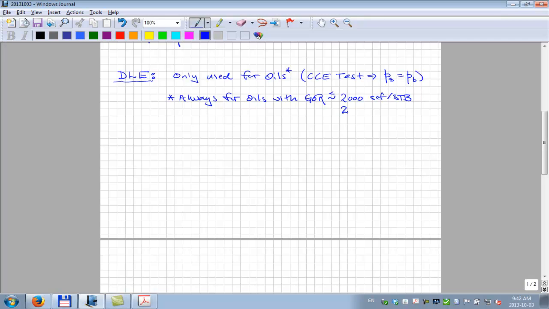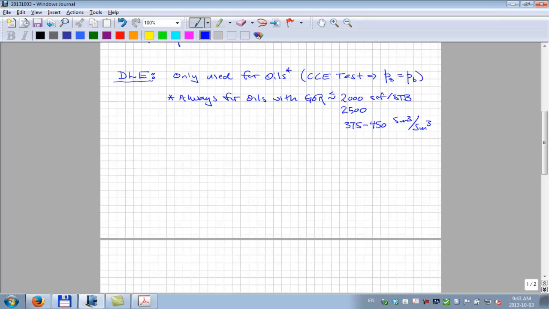Approximately less than or equal to certainly 1,500, probably 2,000 standard cubic feet per stock tank barrel. Maybe as much as 2,500. That would be divided by 5, a little more, maybe 375 to 450 standard cubic meters. So if it's less than about 400 standard cubic meters per standard cubic meter, you can probably use the DLE.